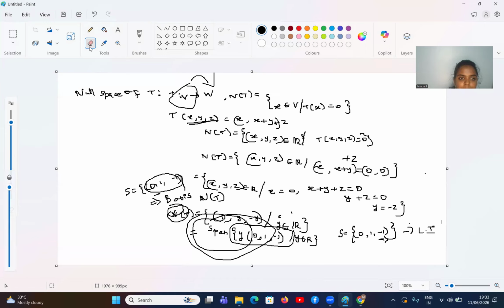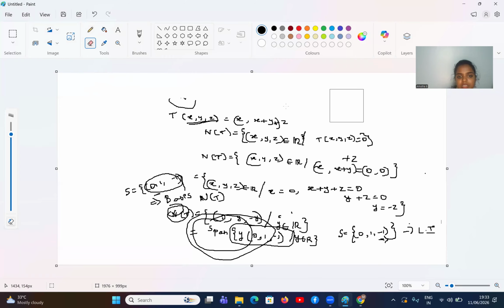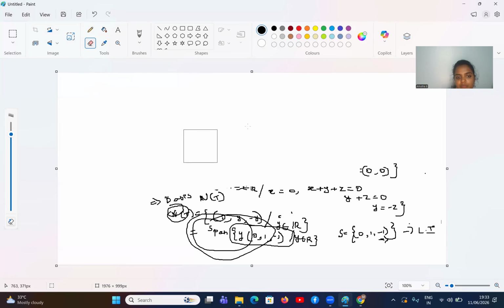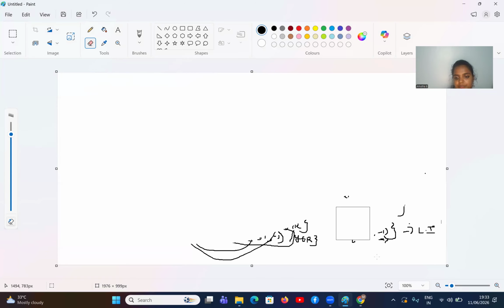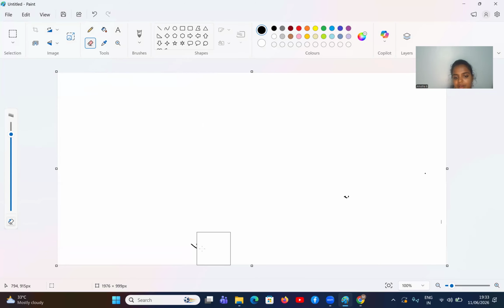Now, what is the dimension of the null space? You have found the basis of the null space: 0, comma 1, comma minus 1 is a basis. The number of elements in a basis is called the dimension.